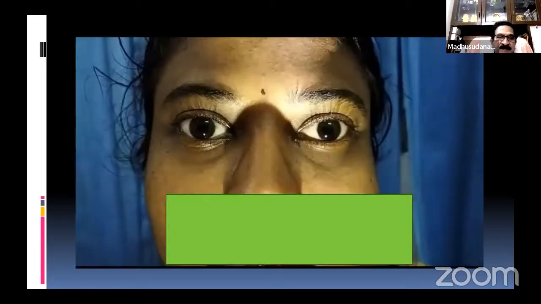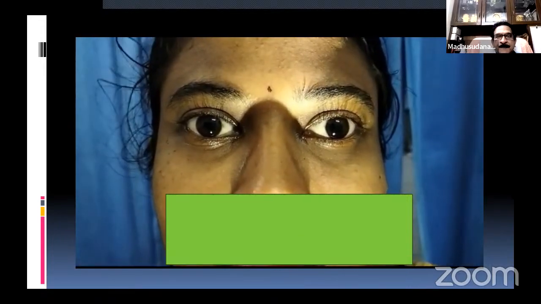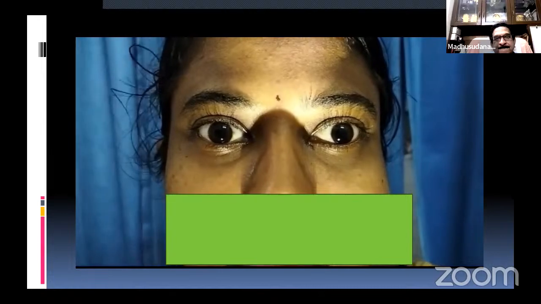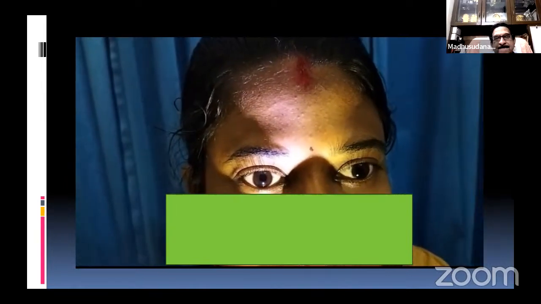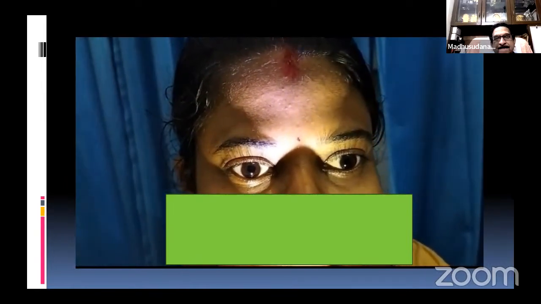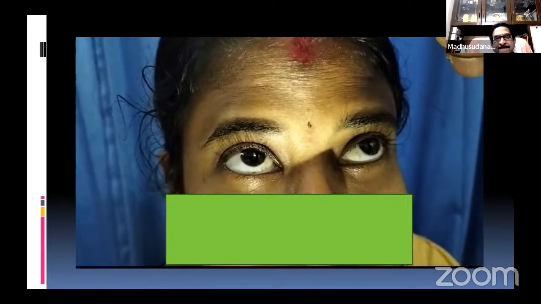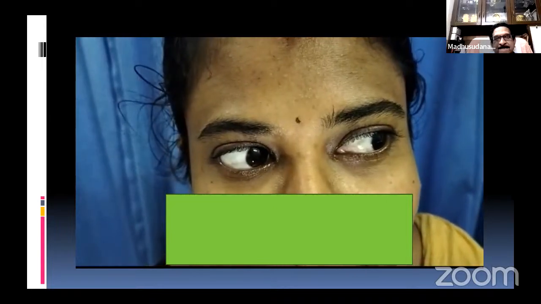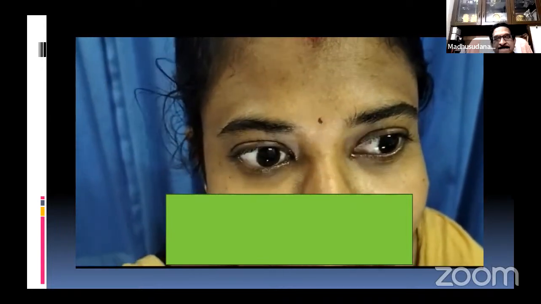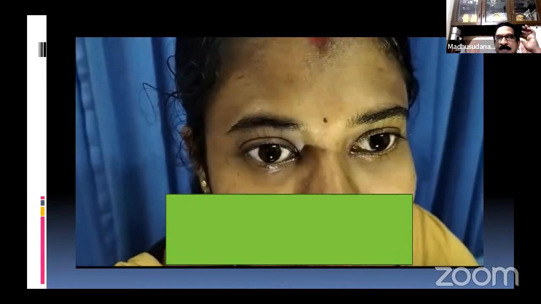Now look at the eye movement very carefully. Ocular movements were all normal.